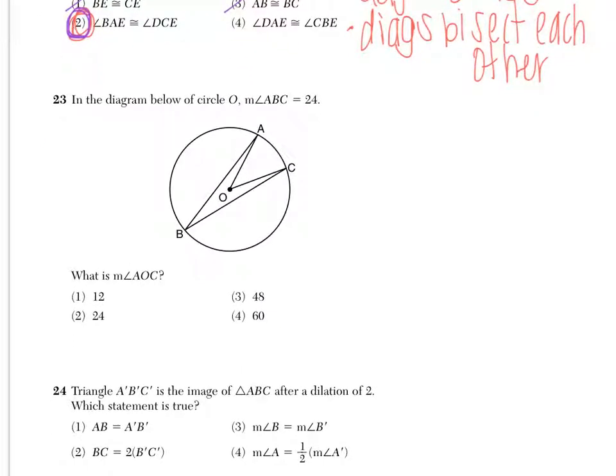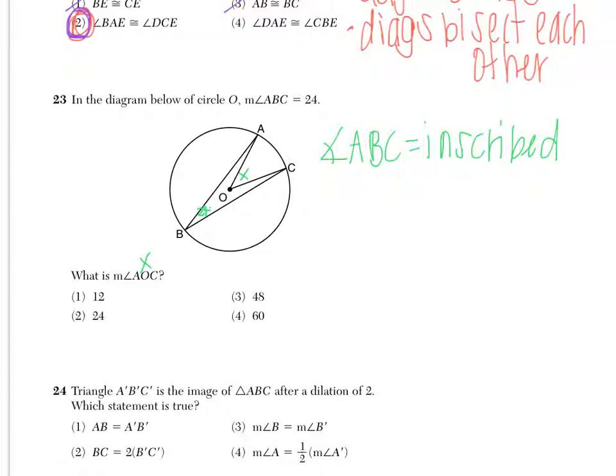Number 23 says in the diagram below of circle O, the measure of angle ABC is 24 degrees. So ABC, 24 degrees. What is the measure of angle AOC? So I'm going to choose to call that X. Now we know that angle ABC is inscribed because it's on the edge of the circle.